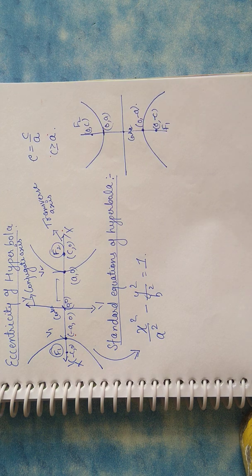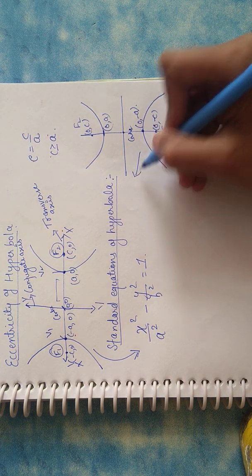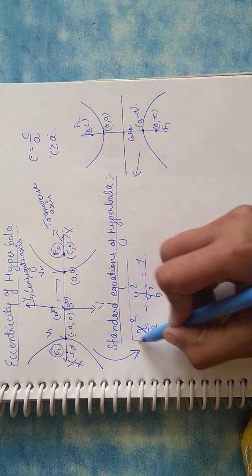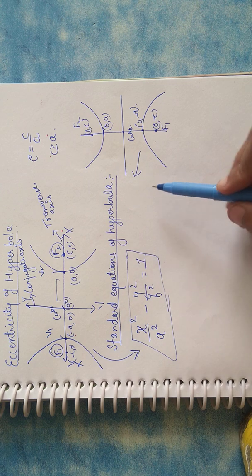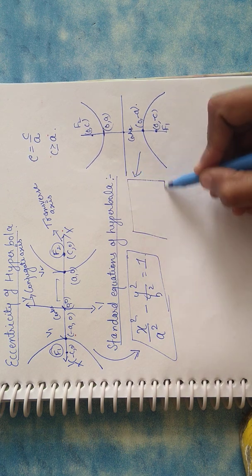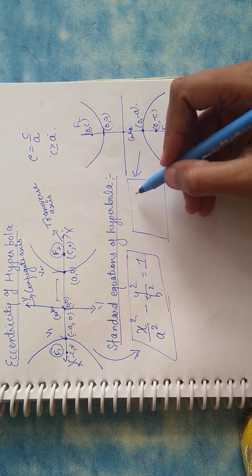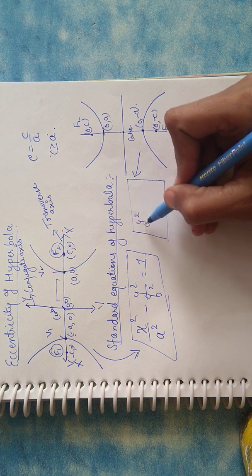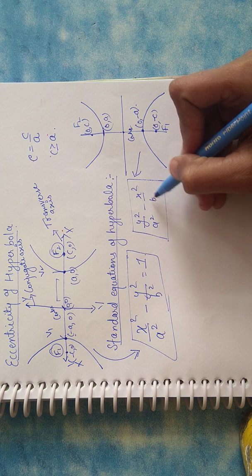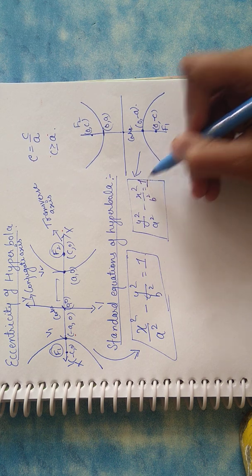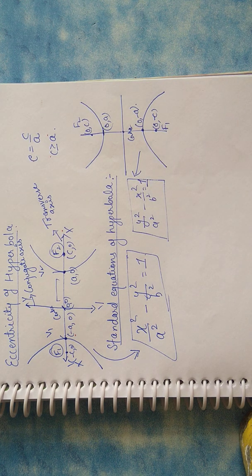In this type of shape, your equation will be this. This is your first equation as per this diagram. The second equation I am writing over here as per this diagram. That will be y square upon a square minus x square upon b square is equal to 1. Clear?